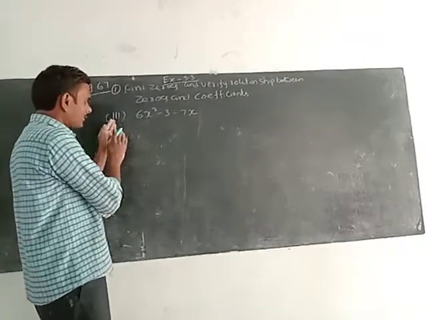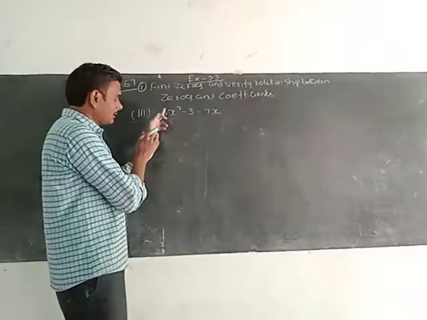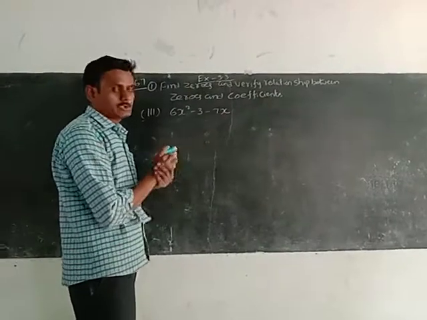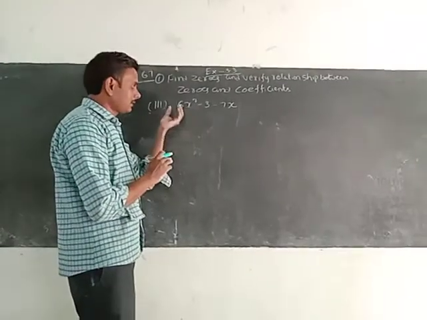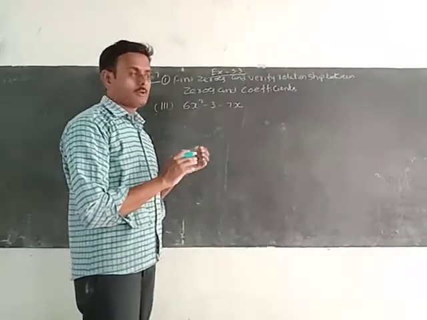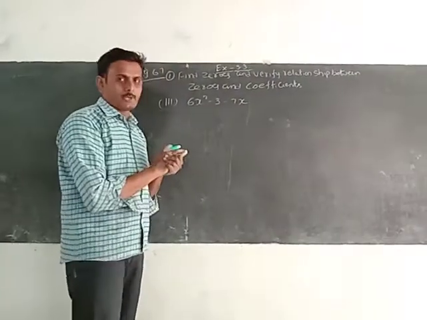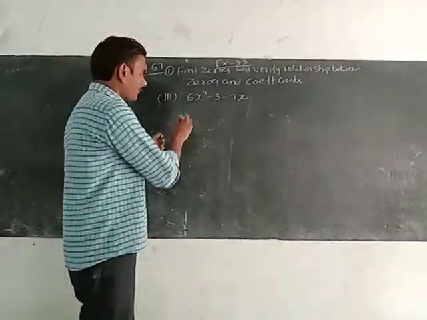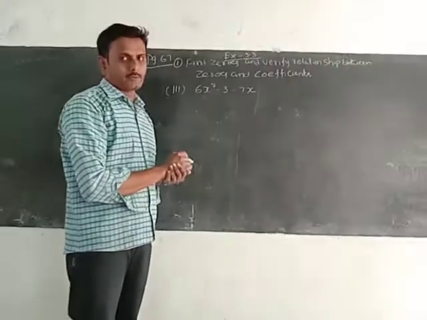What is the third question given? Polynomial 6x square minus 3 minus 7x. This polynomial is not given in descending order according to degree. This is a polynomial in variable x.